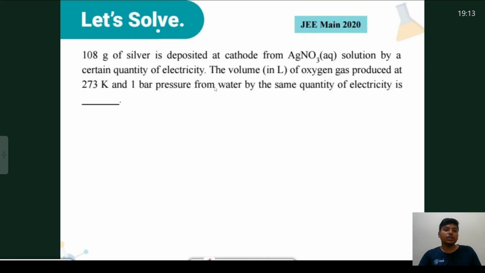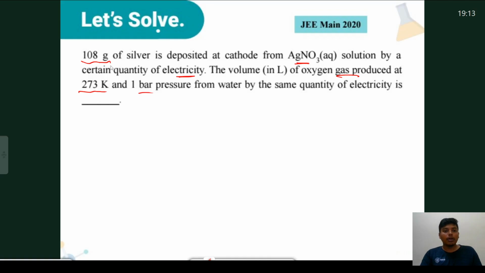I gave you this question: 108 gram of silver is deposited at cathode from AgNO3 aqueous solution by a certain quantity of electricity. The volume of oxygen gas produced at 273 Kelvin, 1 bar pressure from water by the same quantity of electricity is?